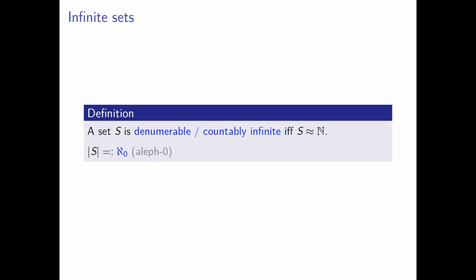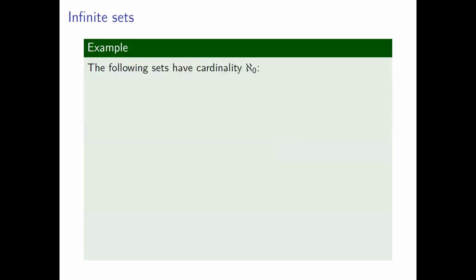Observe that since a countably infinite set is infinite, its cardinality aleph naught is not a real number. To show that a set has cardinality aleph naught, we need to show that it is numerically equivalent to the set of natural numbers.